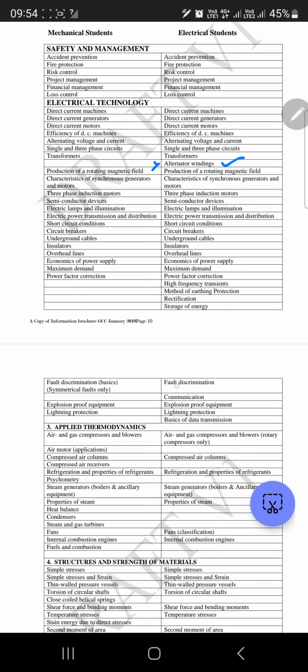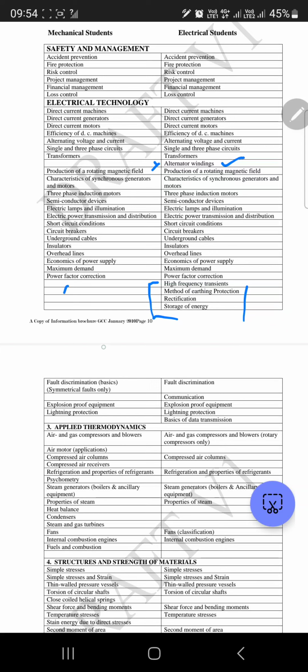And also on mechanical we don't do this one: the high voltage, the high frequency transients, and then the methods of earthing, rectification, and the energy store, or the store of energy. This one is for those who are doing electrical.